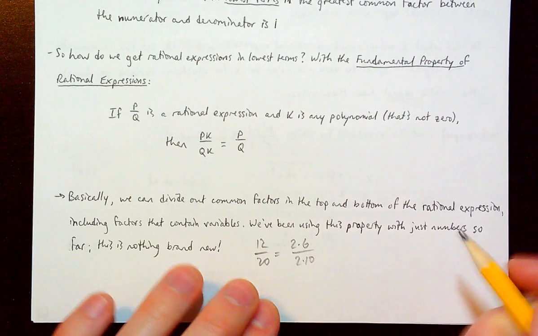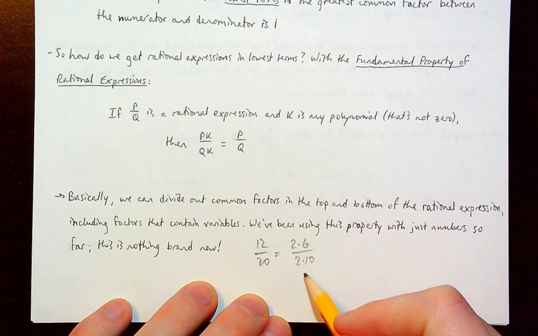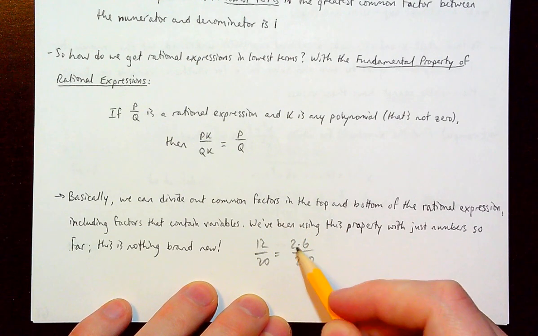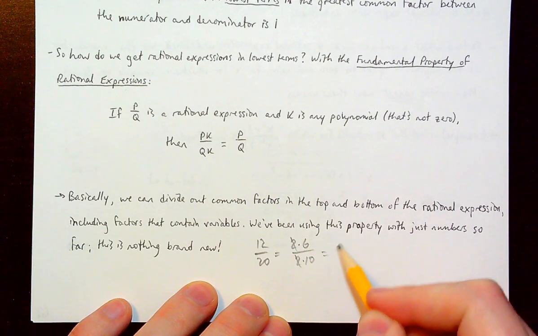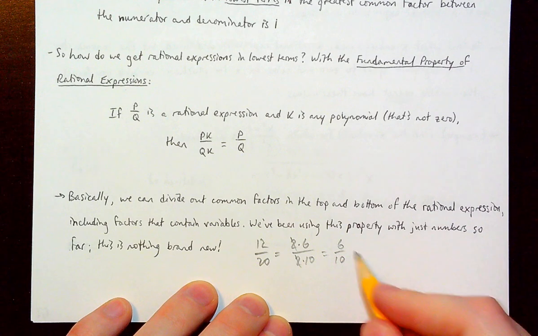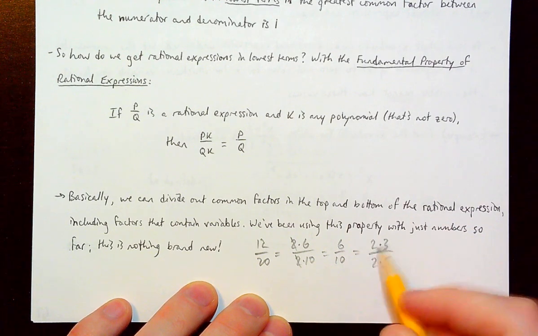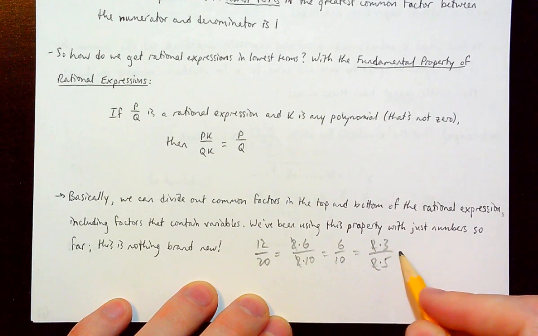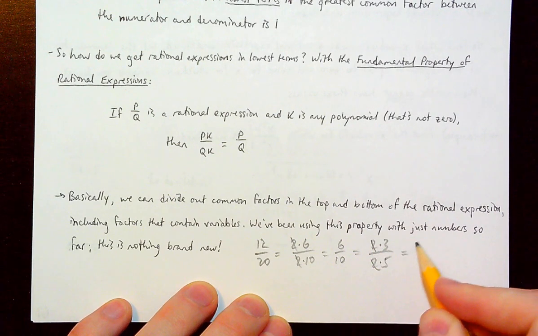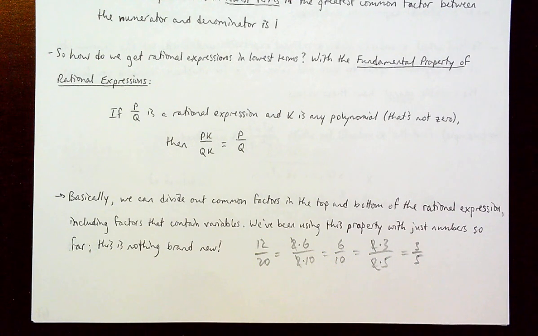So perhaps we'd start off and say, okay, 12 is 2 times 6, 20 is 2 times 10. There's that common factor of 2. We can cancel that out, and that gives me 6 over 10. We can simplify this further because 6 is 2 times 3, 10 is 2 times 5. Again, there's a common factor of 2. Cancel that out, and now we have 3 over 5, or 3/5. And that is fully simplified.